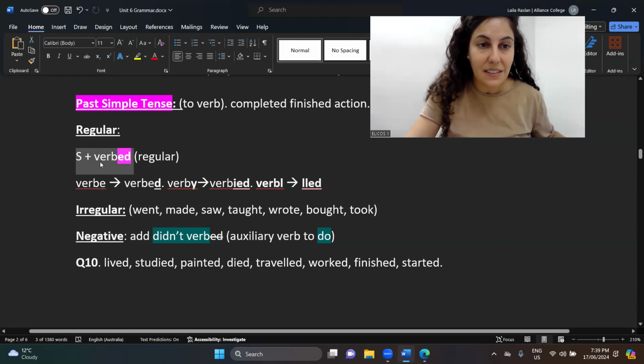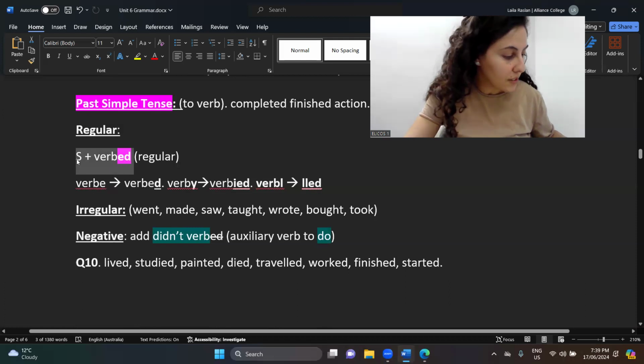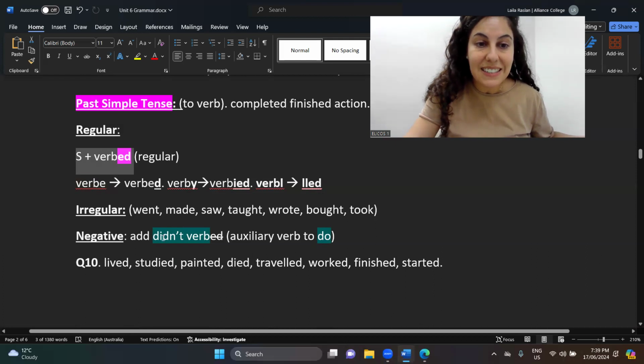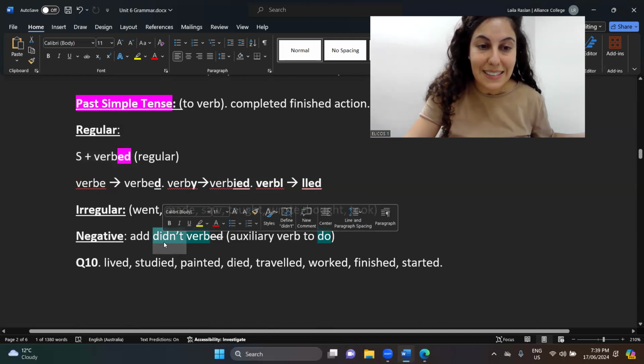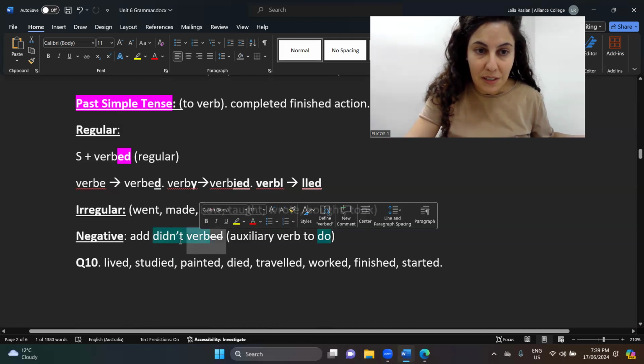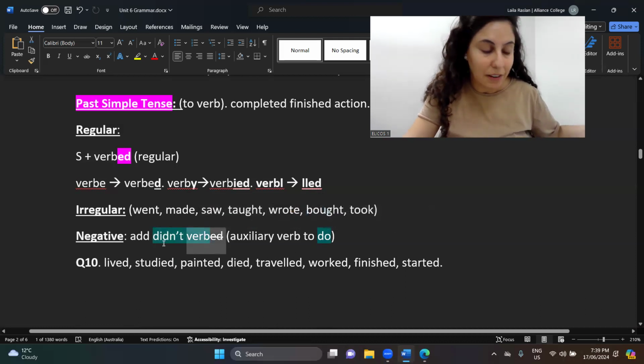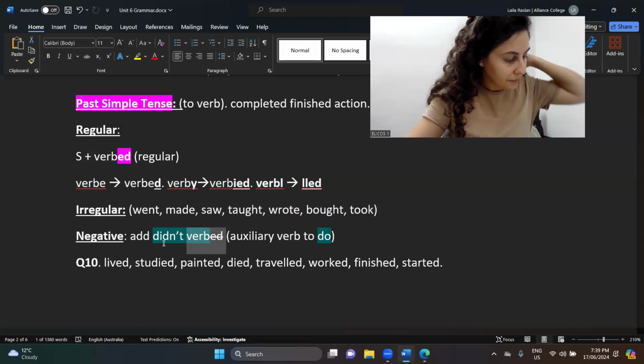So all subjects, then the action. So you put an ed on the regular one for all the subjects. And the auxiliary verb for the negative is didn't. We call this the auxiliary verb. So it's not the main verb, because the main verb is this one. So for example, I didn't see my friend yesterday. I didn't study last weekend.